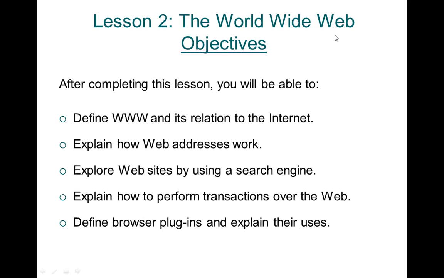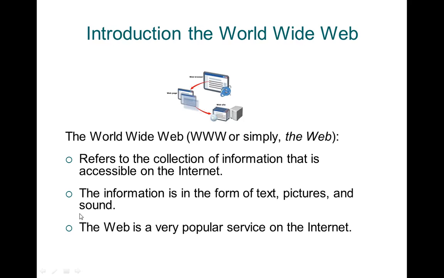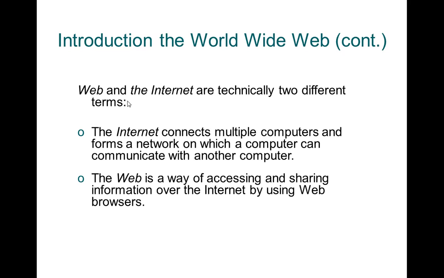Then we also covered chapter number 2, that is WWW, World Wide Web. This is the objective, means after learning this chapter you are able to give the answers to these questions and topics. We have also talked about what is the WWW, that is World Wide Web or the web.